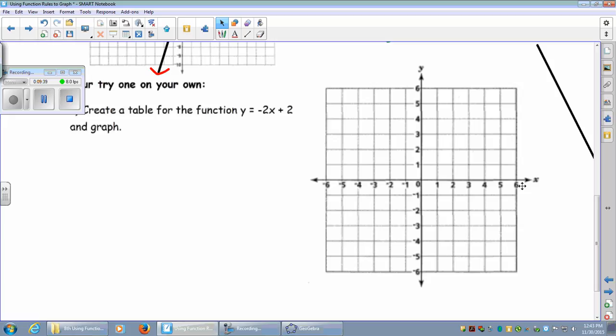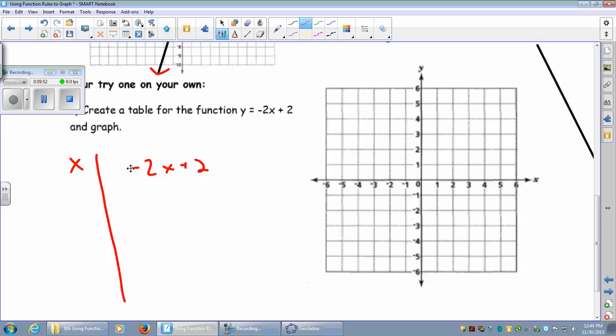All right, so please take a second, pause the video, try it, and when you're confident that you're done, unpause it and check. All right, so let's use our table. X, -2x plus 2, just like up above, and y.